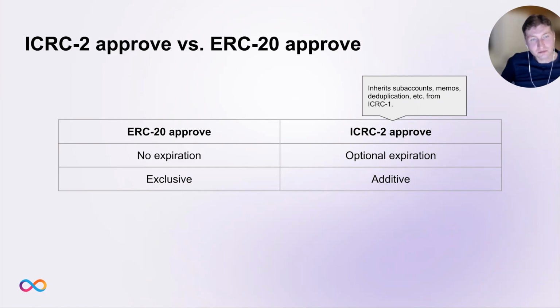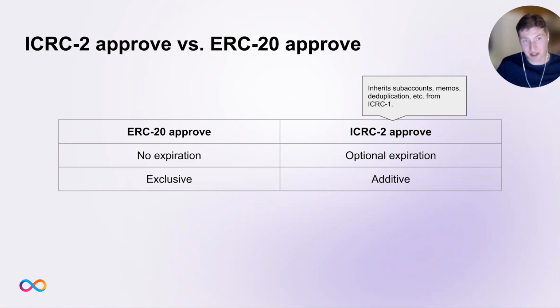And another difference is that when you approve something on ICRC-20, the last approval wins. So if you approve 100 tokens and then 200 tokens and then 100 tokens again, it will be just 100 tokens. This works fine in a synchronous manner when you execute one transaction at a time, but the Internet Computer is a highly concurrent blockchain.